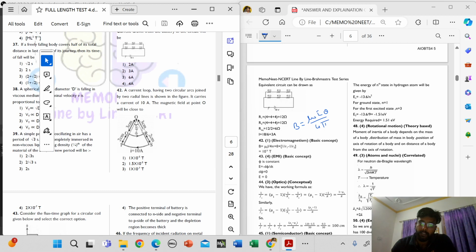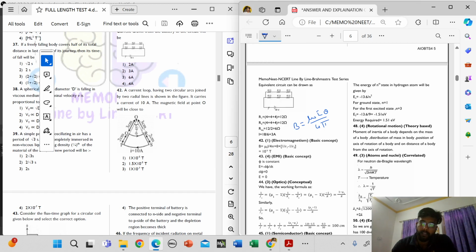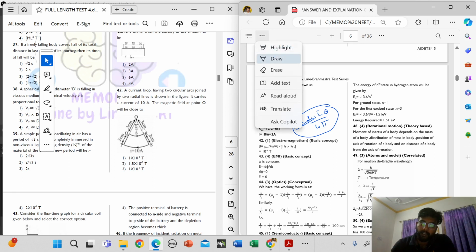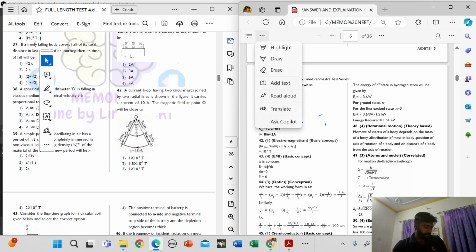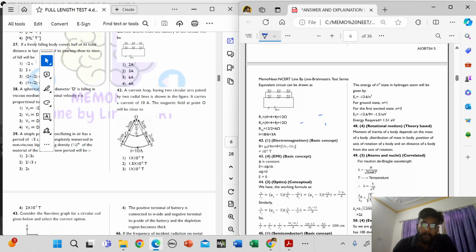For this, we have the formula. We use this formula, and we get, theta here is 45 degrees, so mu naught I upon 4 pi.